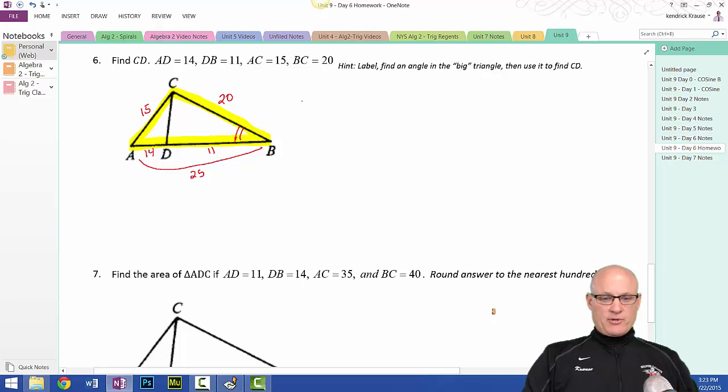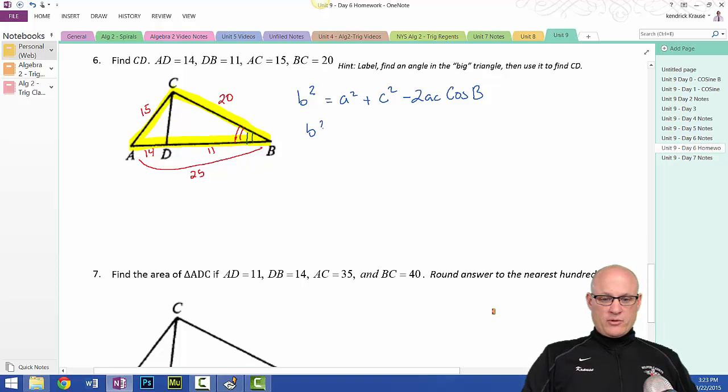And so I'm going to do little b squared equals a squared, because I'm using a, b, and c, plus c squared minus 2ac cosine capital B. Now I'm looking for capital B, so I'm going to isolate it.